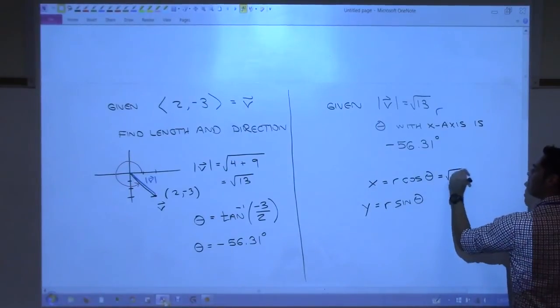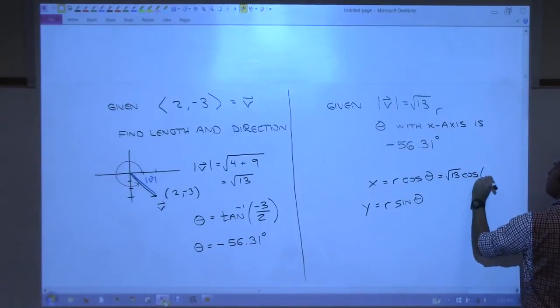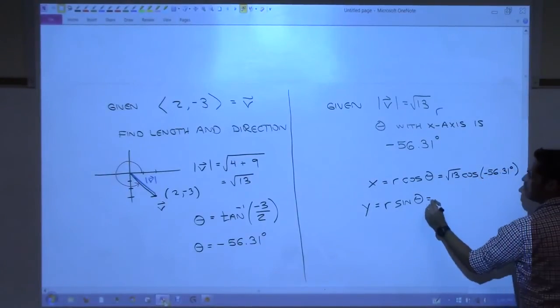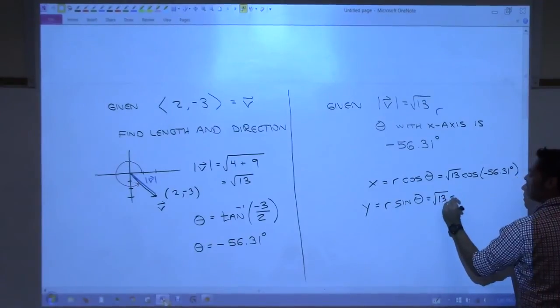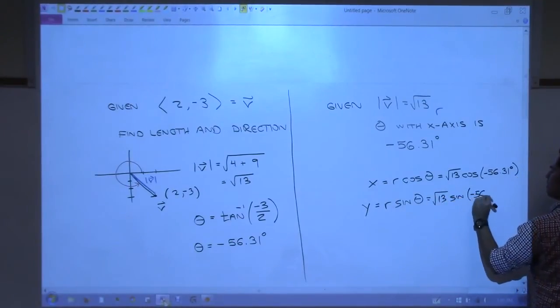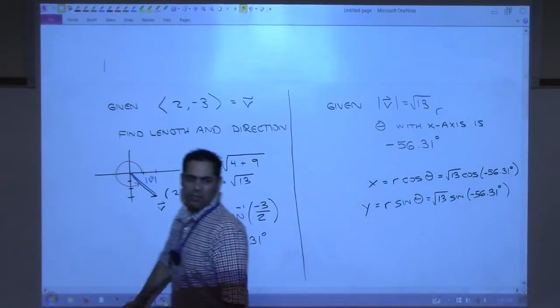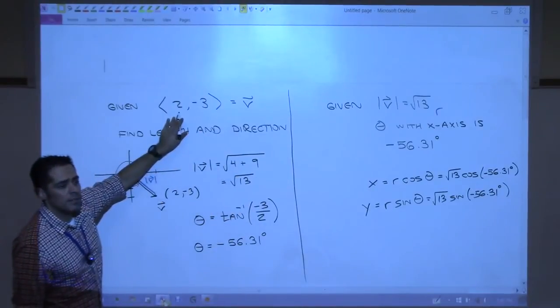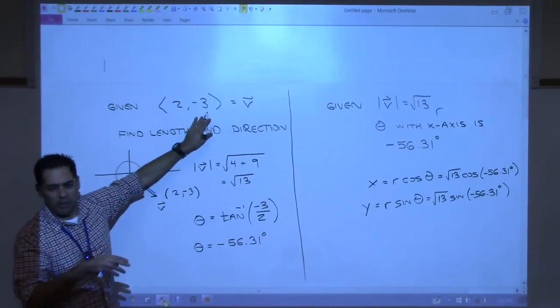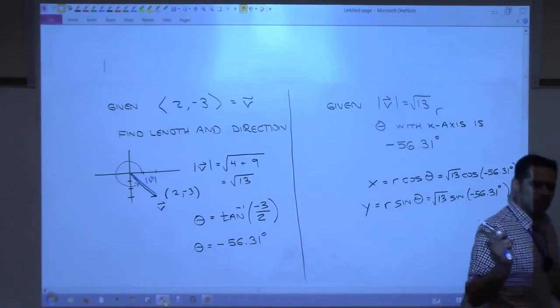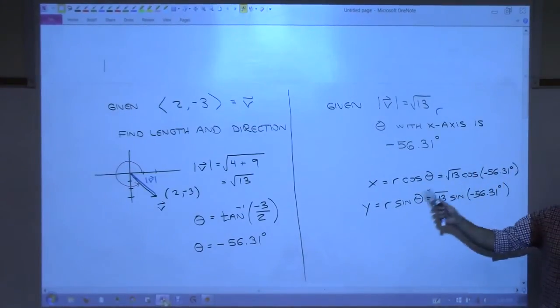So this would be root 13 times cosine of negative 56.31 degrees. This one would be root 13 sine of negative 56.31 degrees. You just type those out in your calculator, and you'll get something very close to 2 for the x and very close to negative 3. It's going to be off a little bit because we rounded right here. Make sense? You understand how to go both ways?